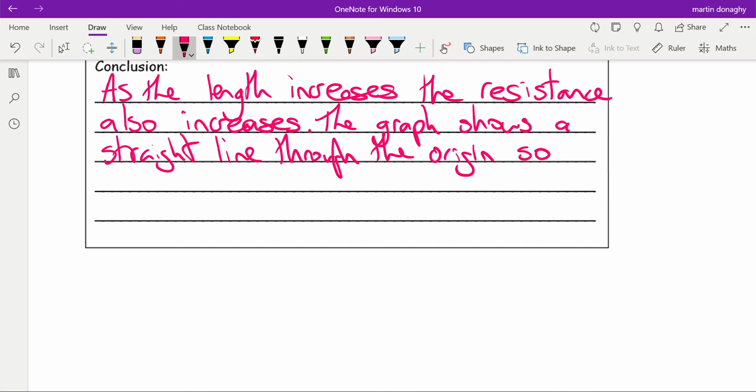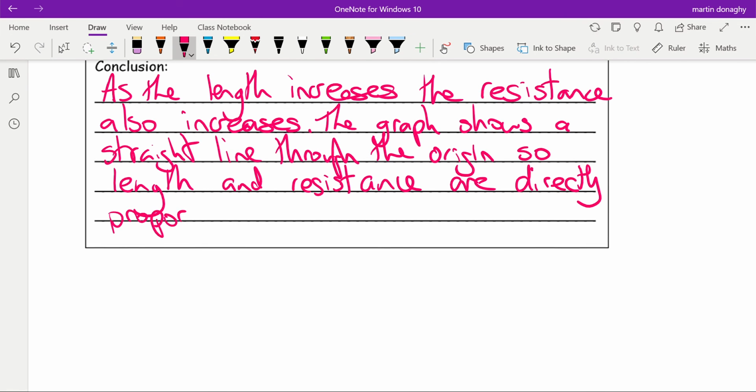So length of the wire and resistance are directly proportional.